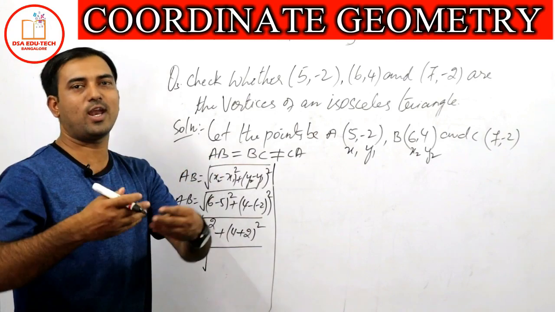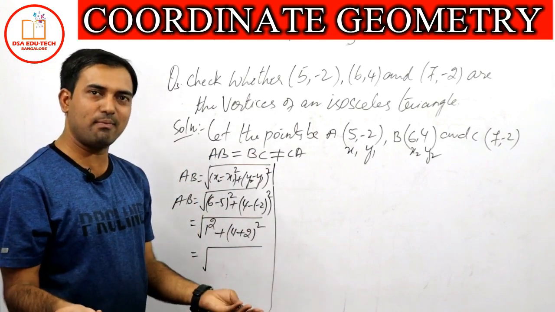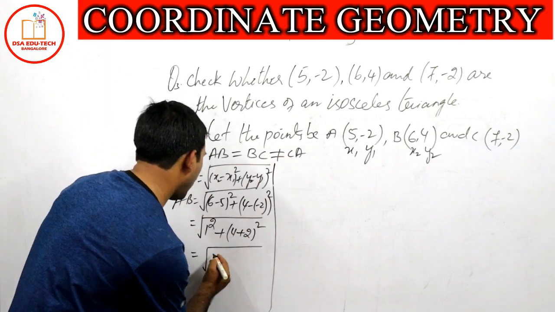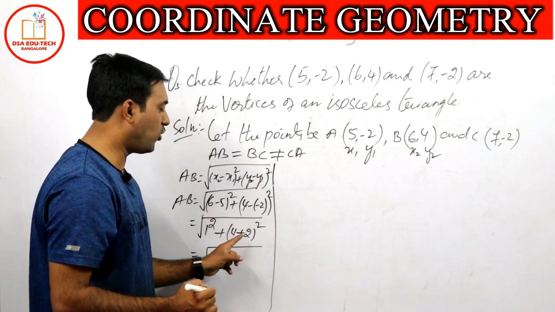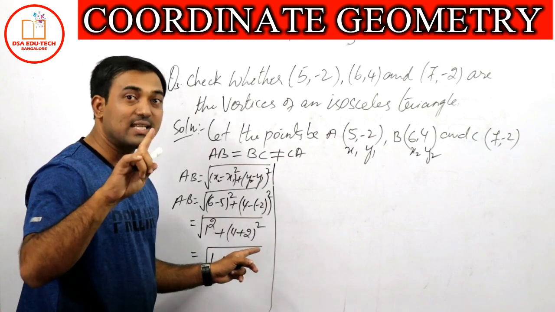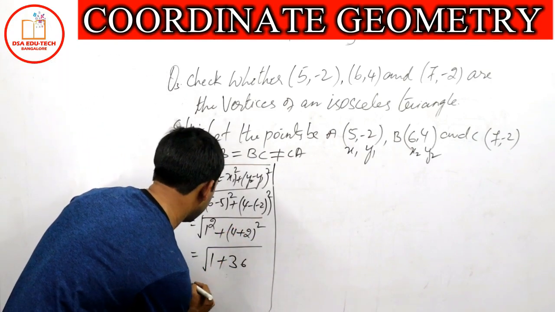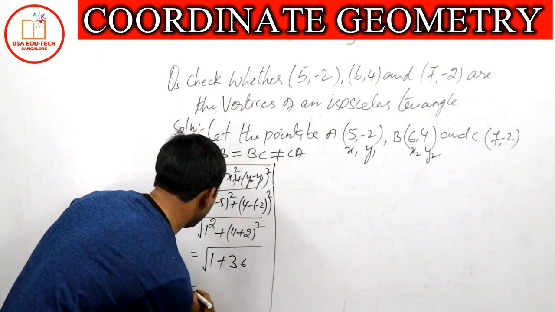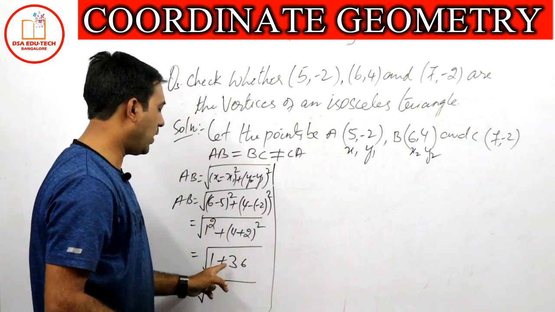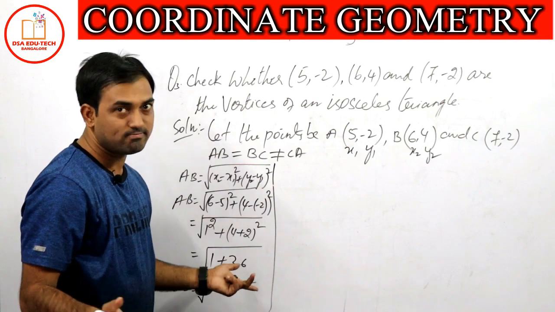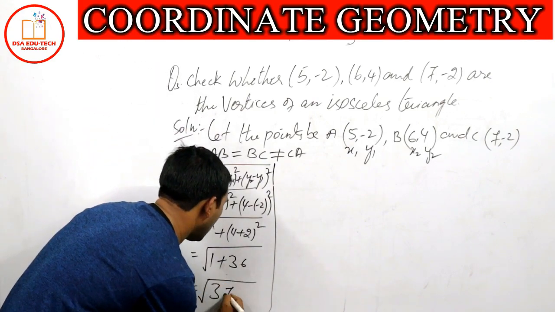You multiply 1 with 1 any number of times, it remains 1. So I'll write 1 plus 4 plus 2 is 6, and 6 square is 36. So this becomes 36. So AB equals root under 1 plus 36, which is how much? 37. So I got AB as root 37.